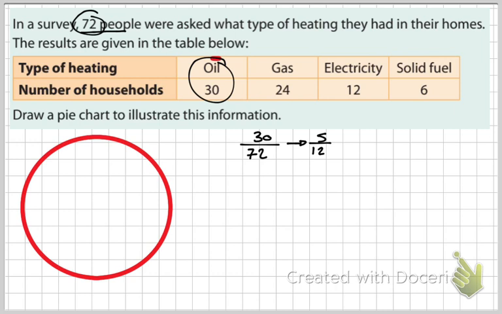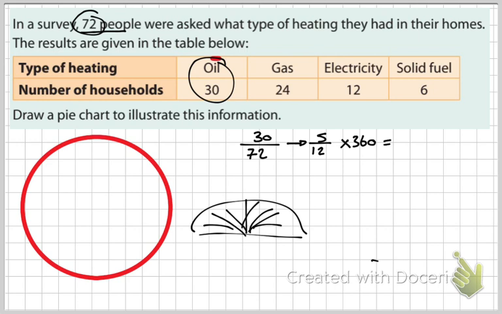If I had it in degrees, it would be very easy to use my protractor, and I could then divvy up whatever degrees I needed. So 5/12 of a whole circle would be 5/12 by 360. So 5/12 of 360 is what I'm looking for, so that I can divvy it up using the protractor and draw it in here. 5/12 of 360 is 150 degrees.